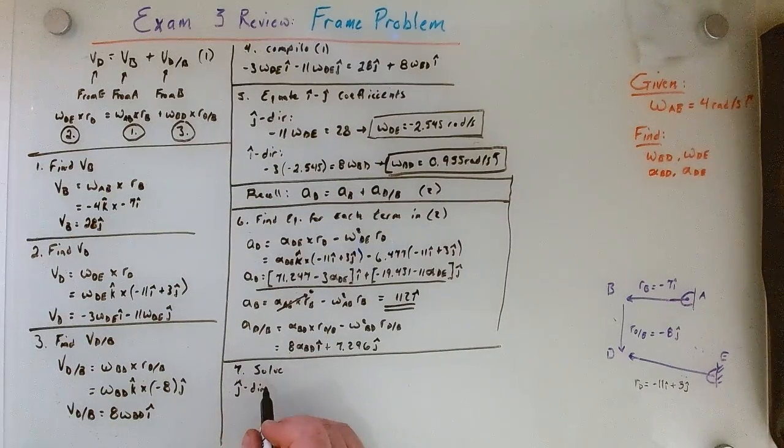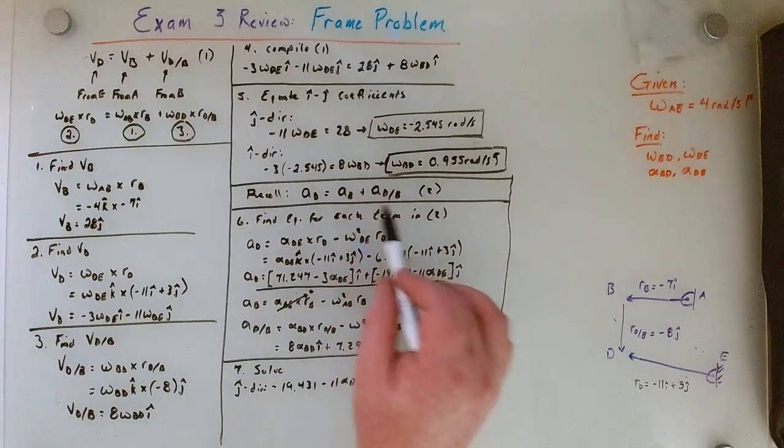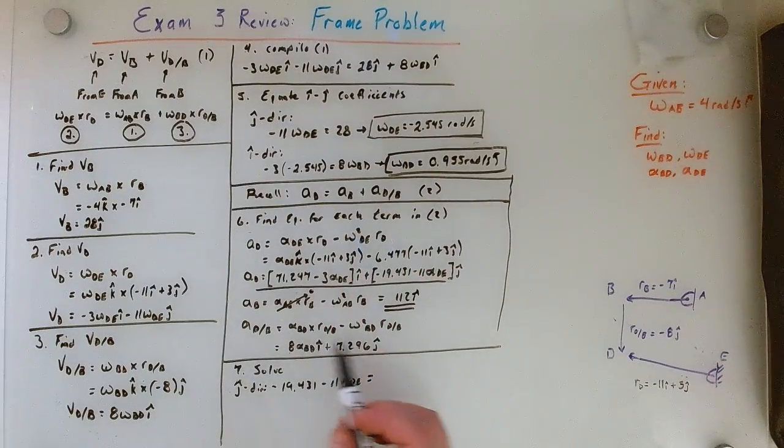Here we are, J direction, and this is minus 19.431 minus 11 alpha DE is equal to AB plus ADE. So AB is I, so that's 0, equals 7.296.